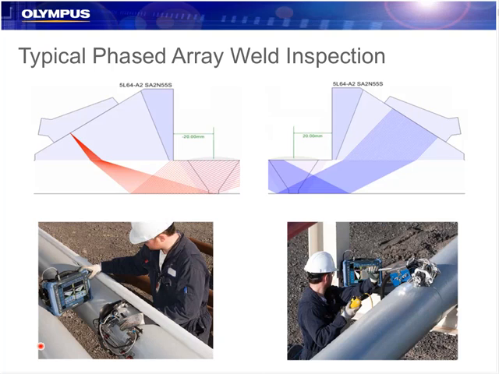And typically we use either a semi-automated scanner, like here on the bottom left, or a fully automated scanner. This is typically okay because the typical bevels we see in construction welds and other types of welds are fairly prone to being covered with this type of inspection.